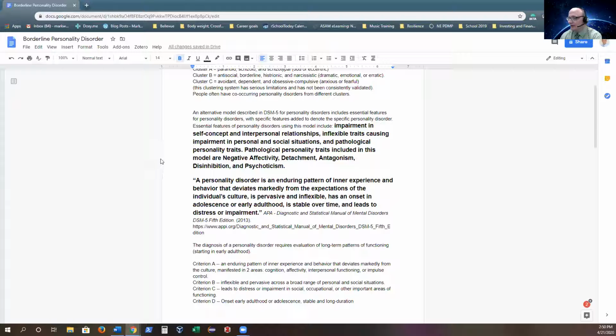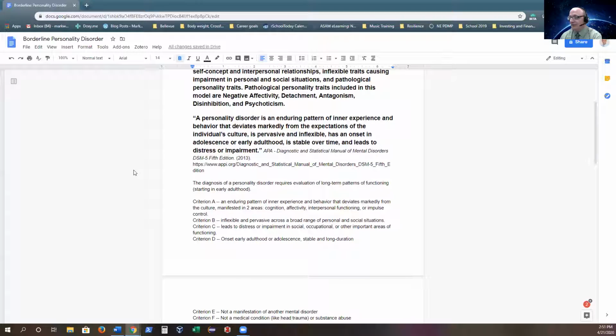Pathological personality traits included in this model are negative affectivity, detachment, antagonism, disinhibition, and psychoticism. It supposedly needs to be distressing to the person. However, you can make the diagnosis even if the person is not distressed, but it's distressing other people.